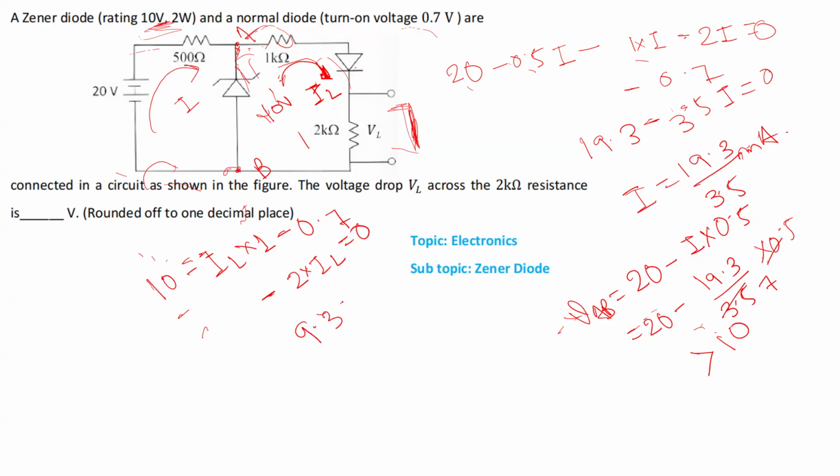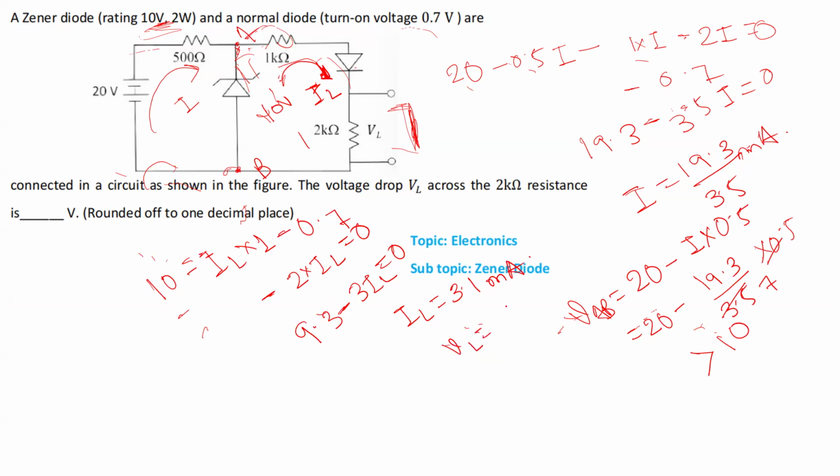So 9.3 minus 3 IL equal to 0. So IL will be 3.1 milliampere, right?